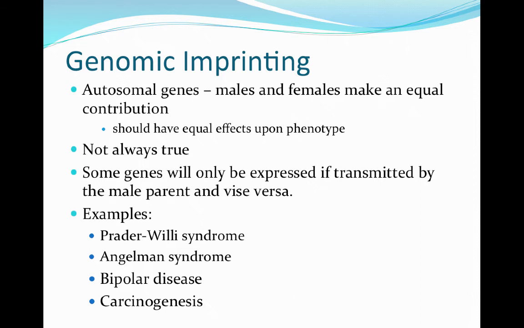So some examples of these types of conditions actually are pretty serious. Prader-Willi syndrome, Angelman syndrome, and then bipolar disease as well as carcinogenesis are really genomic imprinting conditions. And carcinogenesis is probably the one you guys can relate to the most.